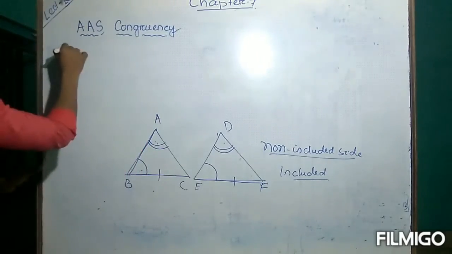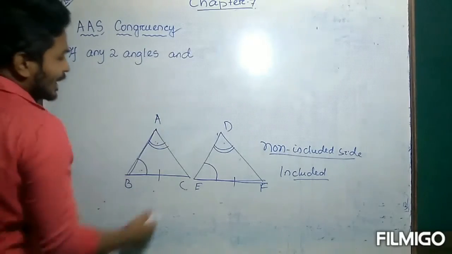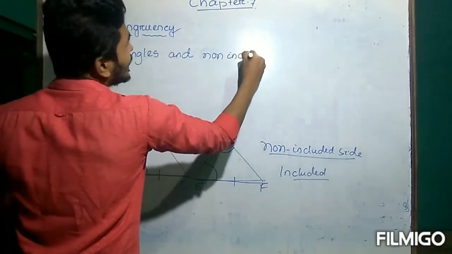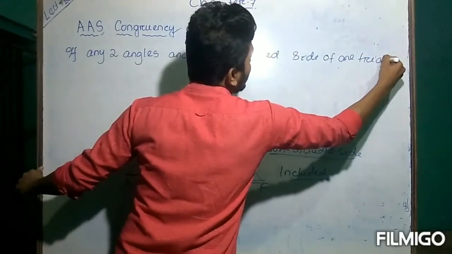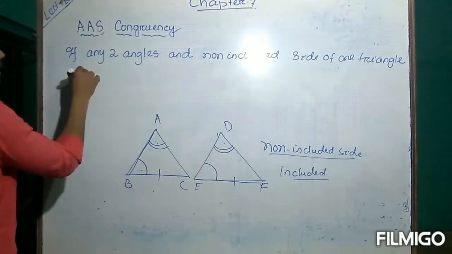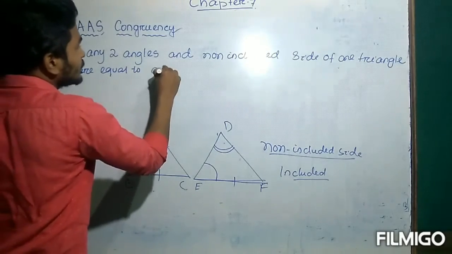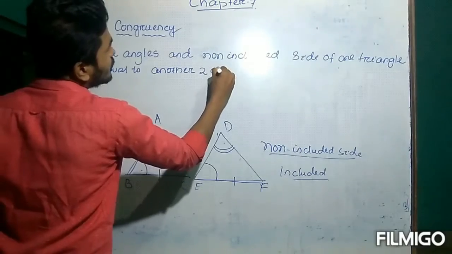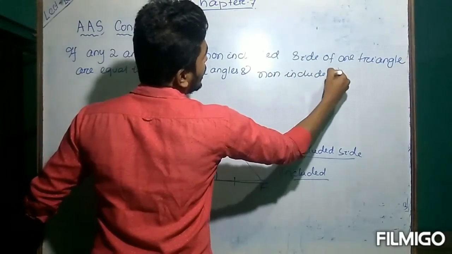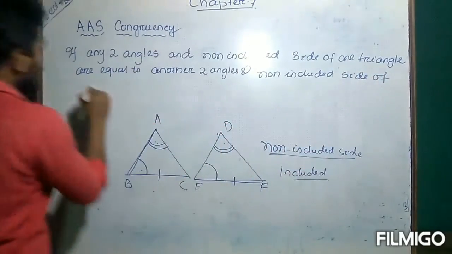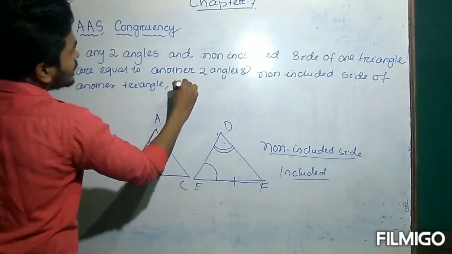According to the AAS congruency, if any two angles and non-included side of one triangle are equal to another two angles and non-included side of another triangle, then what can we say?